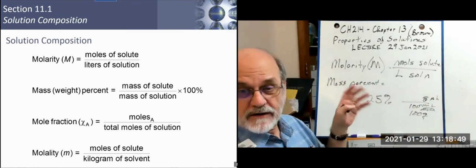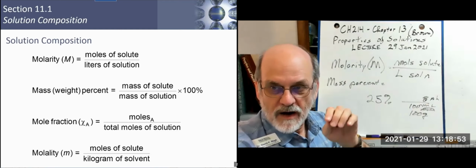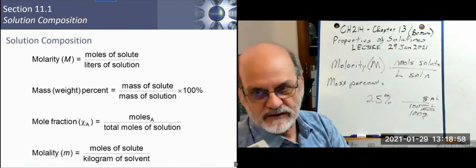So when we say mass percent, we're locking it in to 1 unit of mass per 100 units of mass.